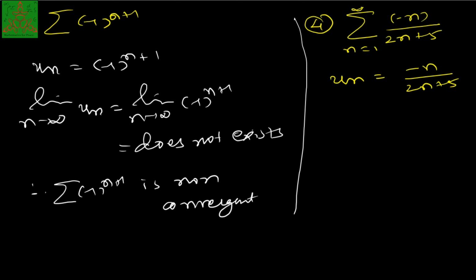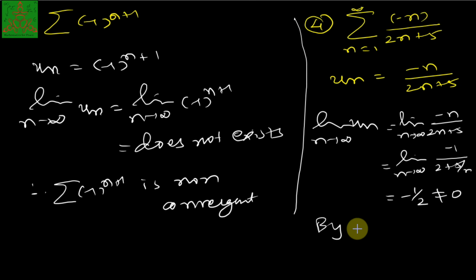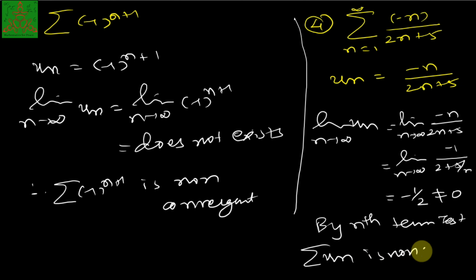If I take the limit of this un as n tends to infinity, and divide numerator and denominator by n, then we have the limit of minus 1 upon 2 plus 5 by n, and 5 by n tends to 0, so that gives me minus 1 by 2, which is non-zero. So we can say that by the zero test or nth term test, the summation of un is non-convergent. That's it for this video.